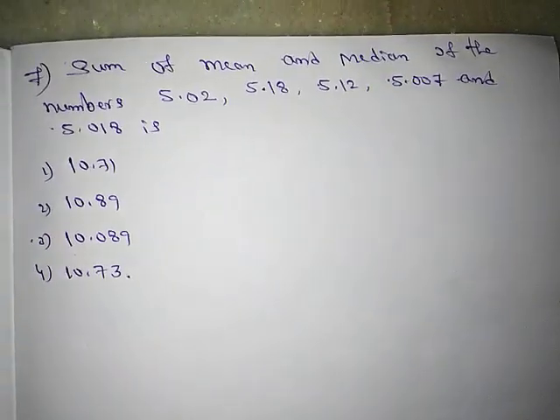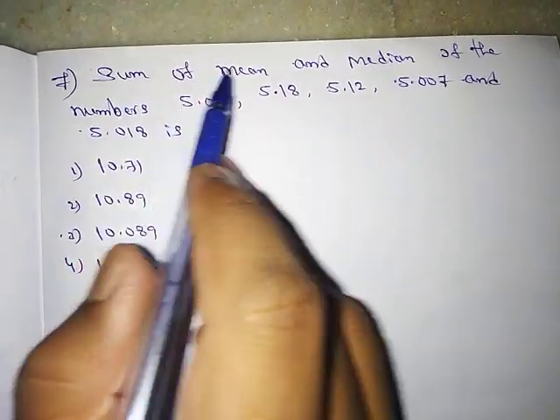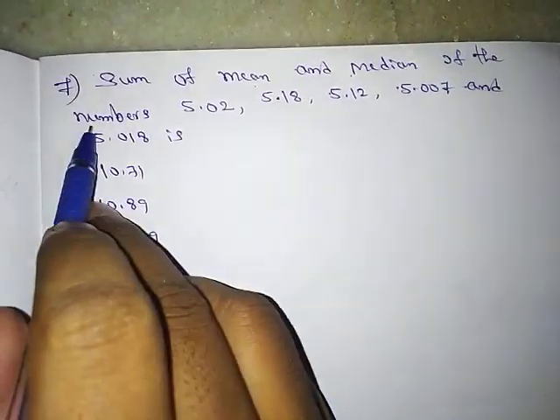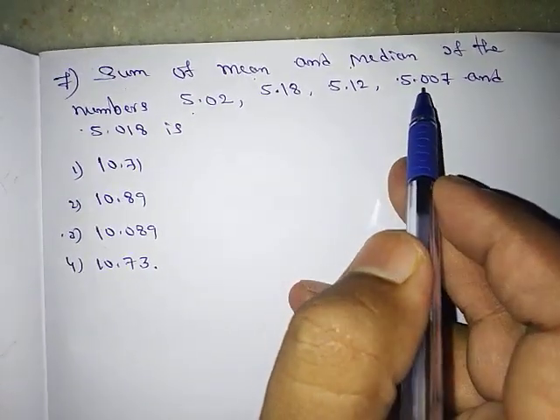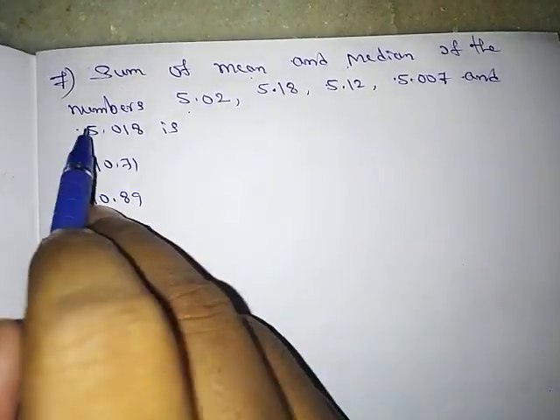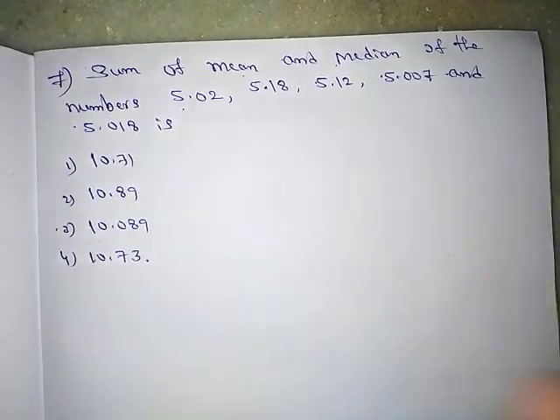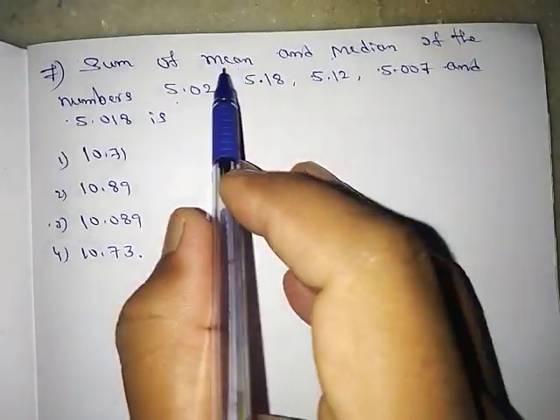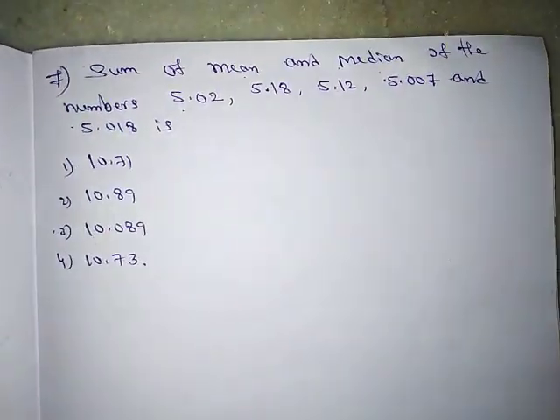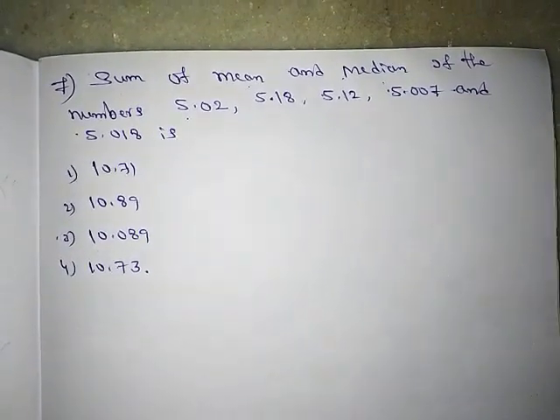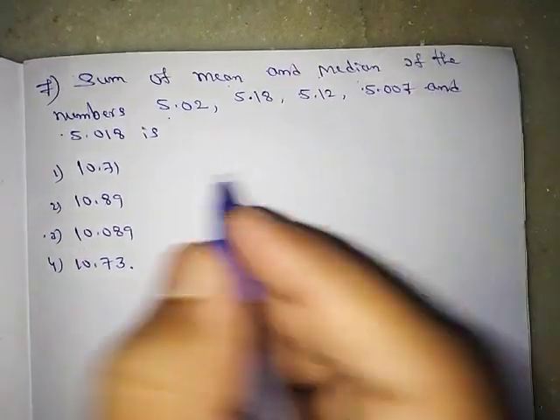Okay, next one: the sum of mean and median of the numbers 5.02, 5.18, 5.12, 5.007 and 5.018 is. We have to find the mean and median, and then add them because they need the sum of those, right? So first you have to find the mean value. How can you find the mean value?